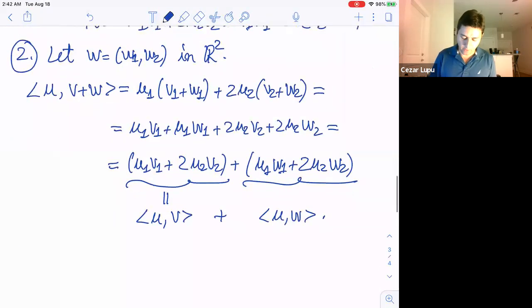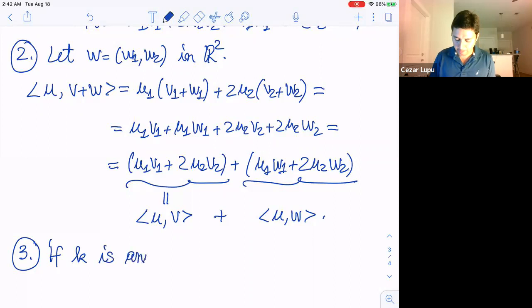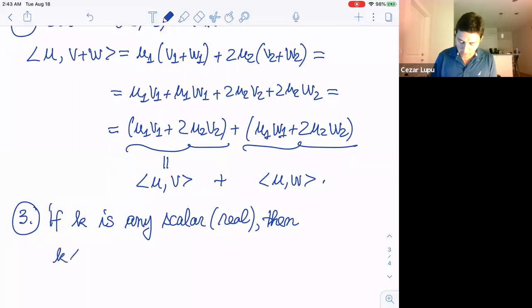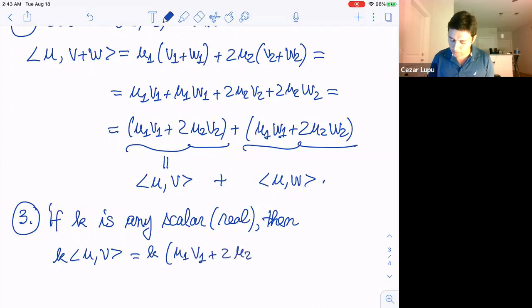Now let's prove the third one. If k is any scalar, and like I said, I'm going to emphasize the fact that it's a real scalar, then we have the following: k times the inner product between u and v will be k times u1 v1 plus 2 times u2 v2.